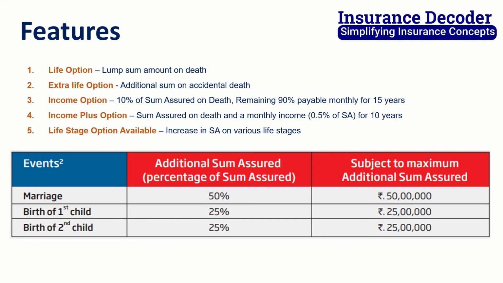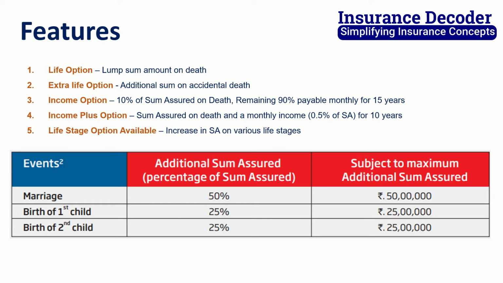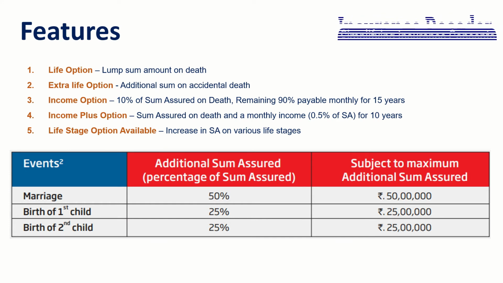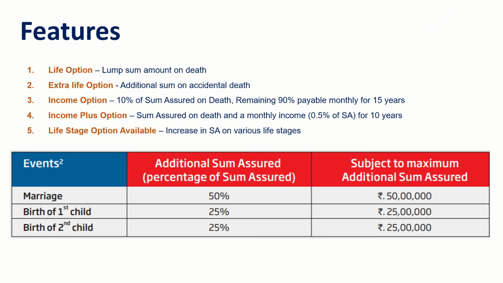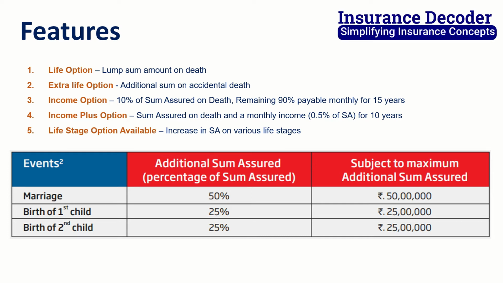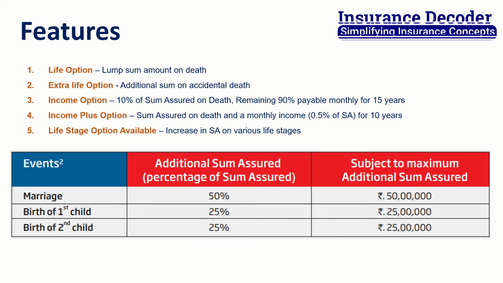And if you have taken a term plan of 2 crore, in that case also you will be getting the maximum 50 lakh rupees only. And when you will have your first child, that time an additional sum assured of 25% will be given to you. And when you will have your second child, that time also 25% additional sum assured will be given to you. So in this case, if you achieve all these three stages, then your sum assured will be double.